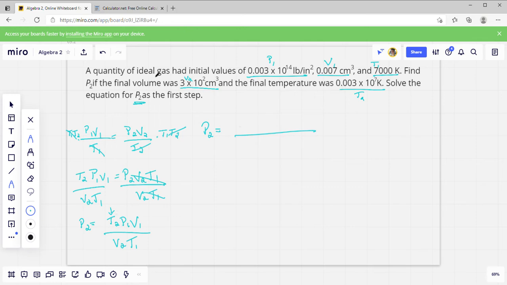And I'm going to change it to 3 times 10. Let's see, I moved that 1, 2, 3. 3 would be 4. 10 to the 4th. And then, so that's my T2. And now I need P1.